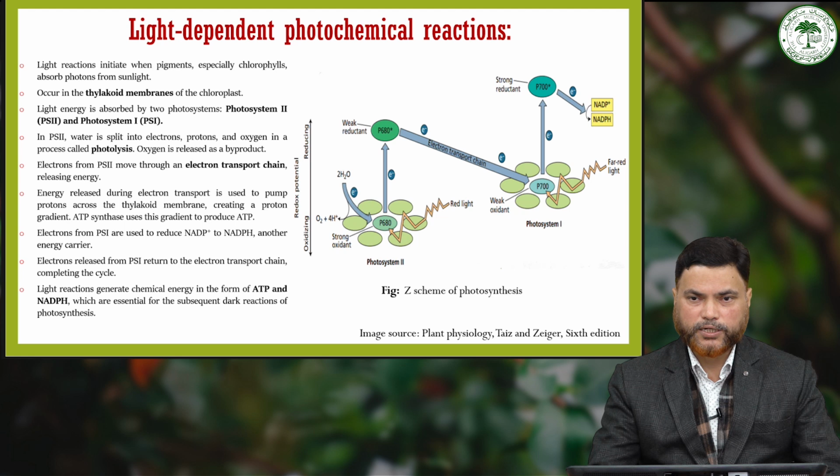So the light reaction can be defined as the process of photosynthesis that converts energy from the sun into chemical energy in the form of NADPH and ATP. Basically, these light dependent reactions use light energy to make two molecules required for the next stage of photosynthesis. One is the energy storage molecule, that is ATP, and the other is the reduced electron carrier, namely NADPH.